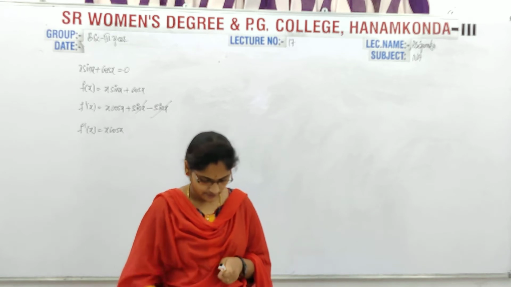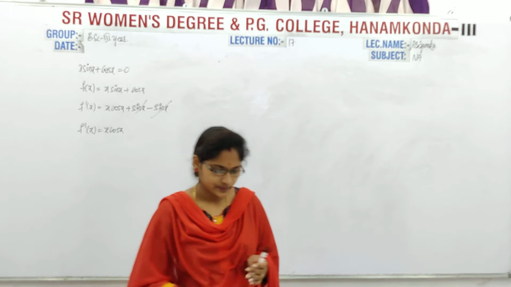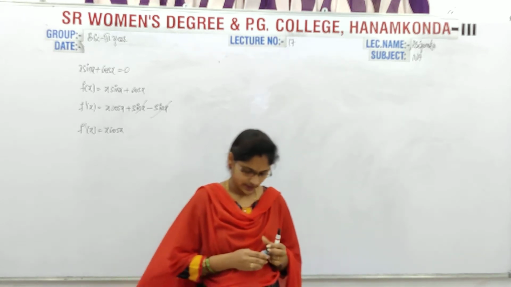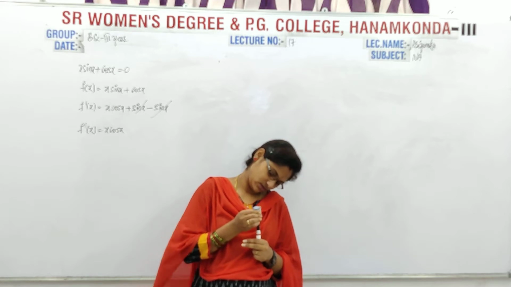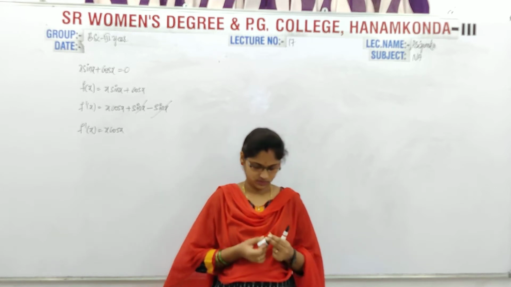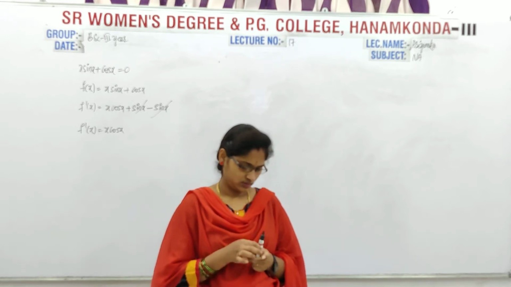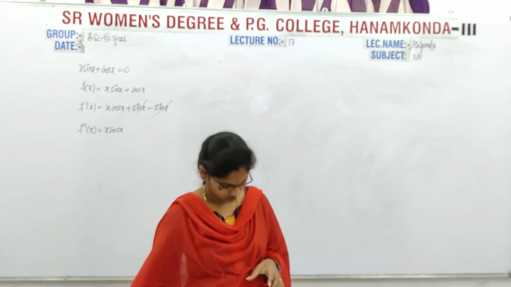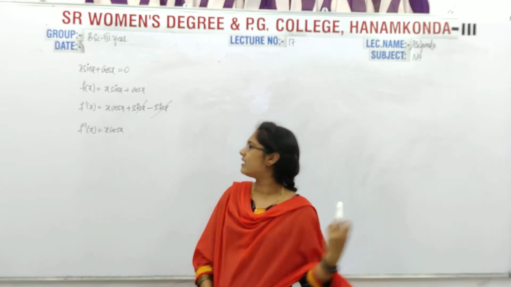Next, what do we have to do? We have to take the general formula, and for that we have to take the value of x naught. Without x naught we cannot proceed, right?